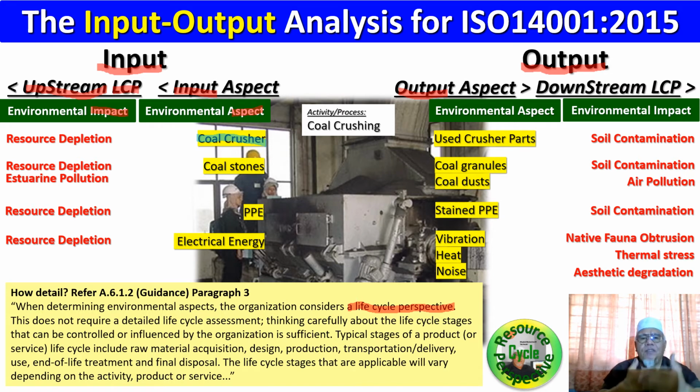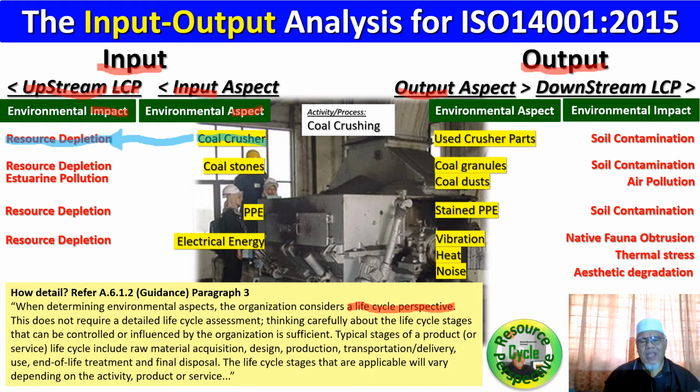As more demand for this metal comes in society, the more demand at the upstream end of the life cycle for the resources, thereby rendering what is called in environmental management terms resource depletion. This is the environmental impact eventually for the input environmental aspect, coal crusher. Got it? I hope it is clear enough for you to follow.